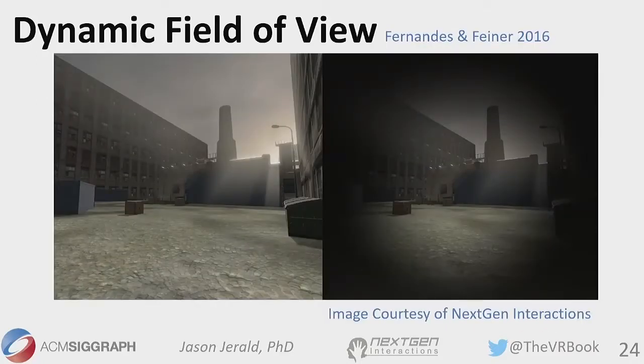Another one is a dynamic field of view presented about, I think, almost a year and a half ago now. Fernandez and Feiner out of Columbia University, they kind of had the realization, in hindsight, it's really obvious, that in field of view, we're very sensitive in the periphery to that motion that can cause sickness that doesn't match our vestibular cues, so why not, when we're moving, just decrease the field of view, right? Sort of an obvious thing, but people really hadn't thought about this.